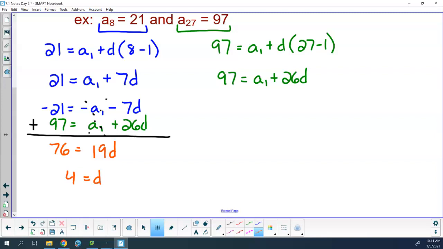My common difference is 4. Now, do you want to go back into blue or green? Blue, smaller numbers. So 21 is going to equal a sub 1 plus 7 times 4.